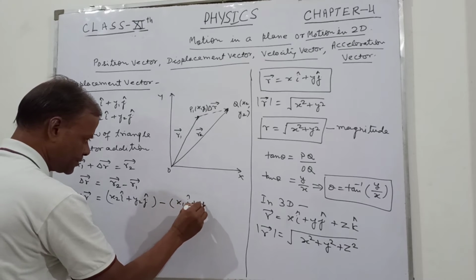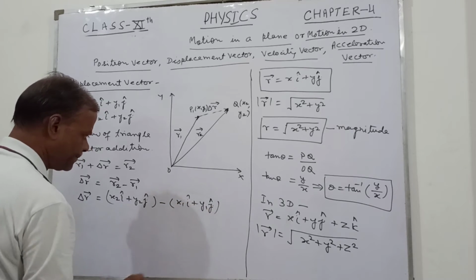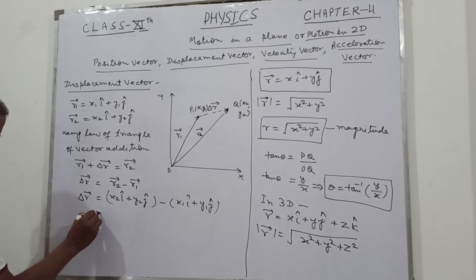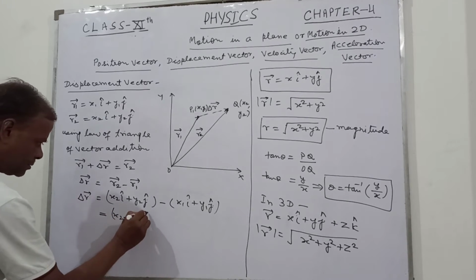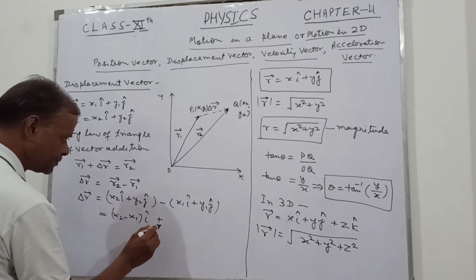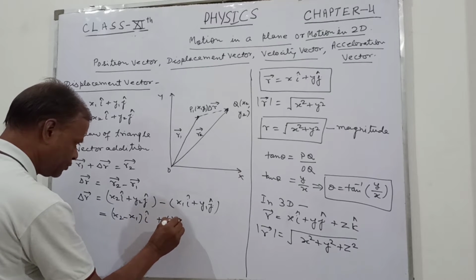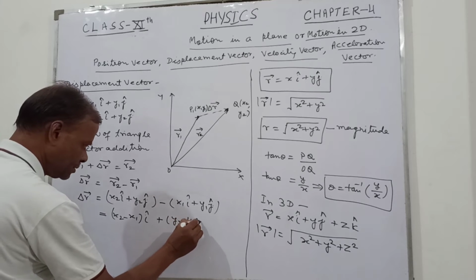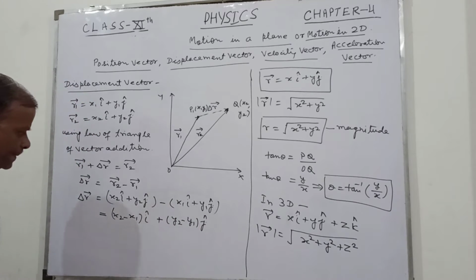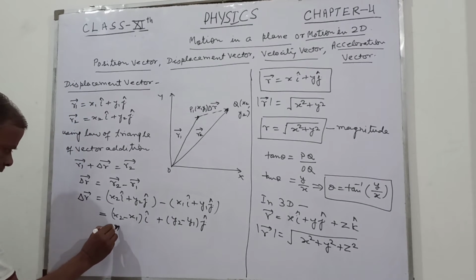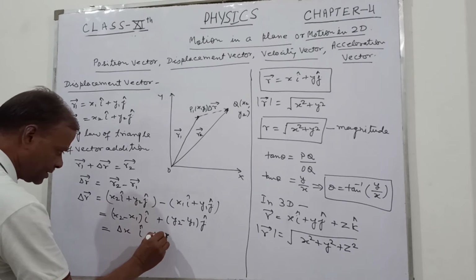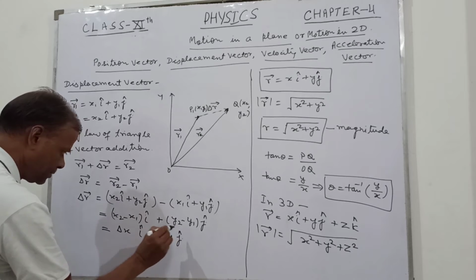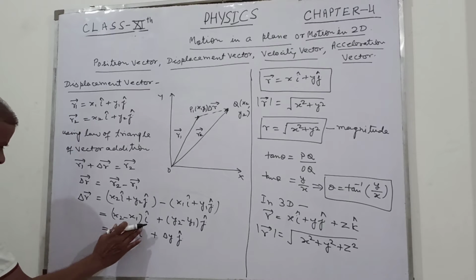Solving this one, you will find x2 minus x1 i plus y2 minus y1 j. So this is now your delta x i plus delta y j.